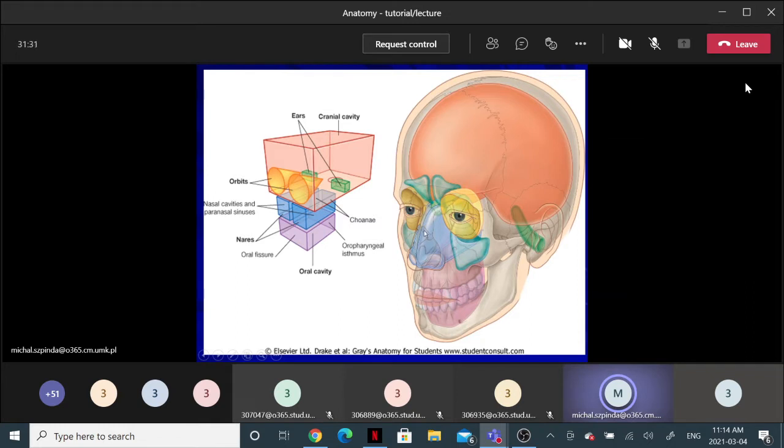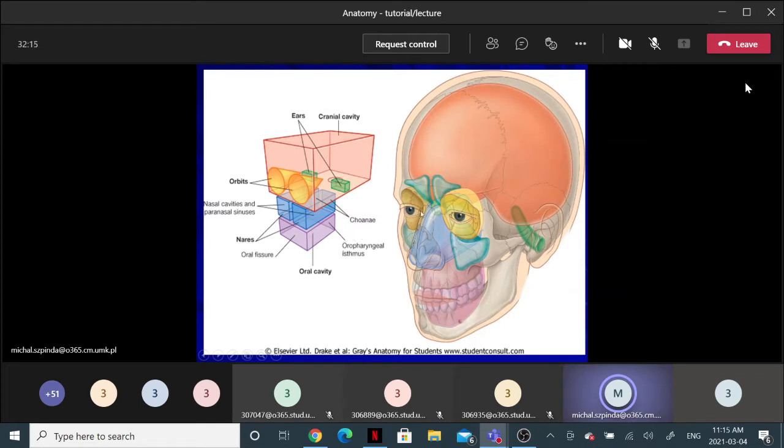Superiorly, the 2 nasal cavities are flanked by 2 orbits, and inferiorly by 2 maxillary bodies in front and 2 pterygopalatine fossae. In other words, the nasal cavities are between 2 orbits, 2 maxillary bodies, and 2 pterygopalatine fossae.